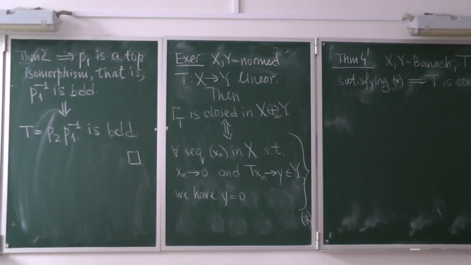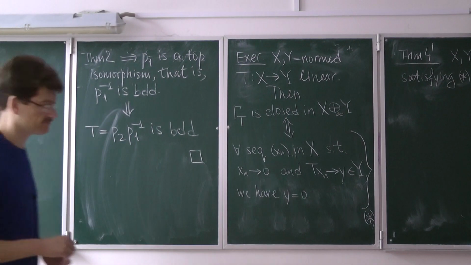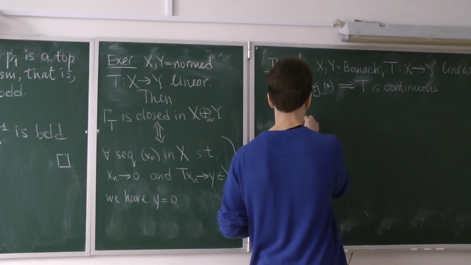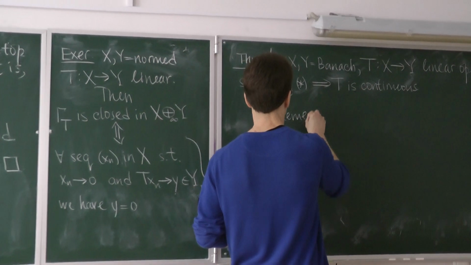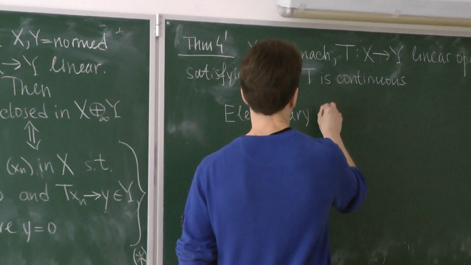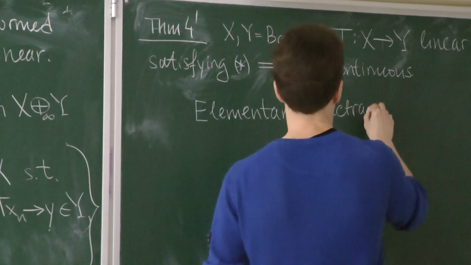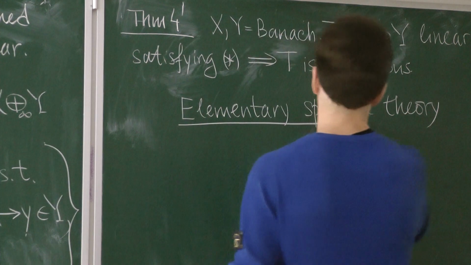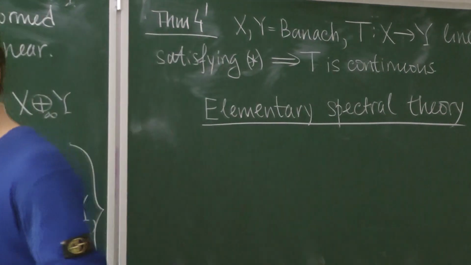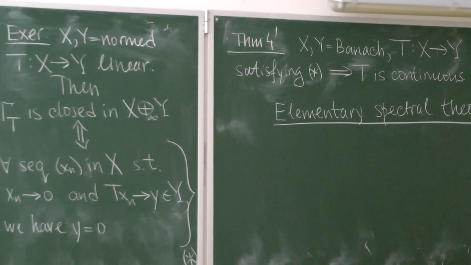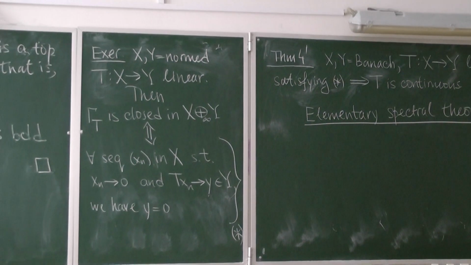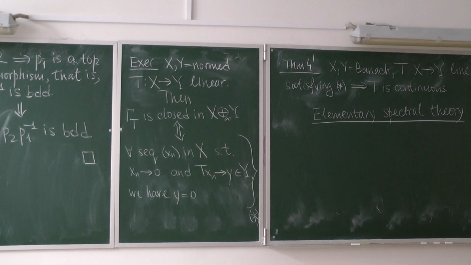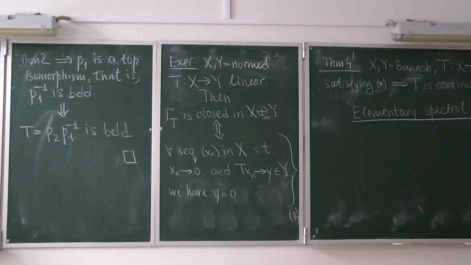Our next goal is to discuss a subject which is usually called elementary spectral theory. I use the word elementary here in order to distinguish between this kind of spectral theory and more advanced topics in spectral theory, which will be discussed in the next course of operator theory in the next term.